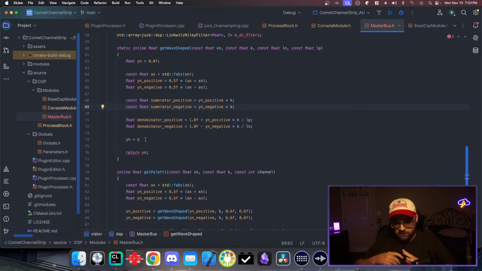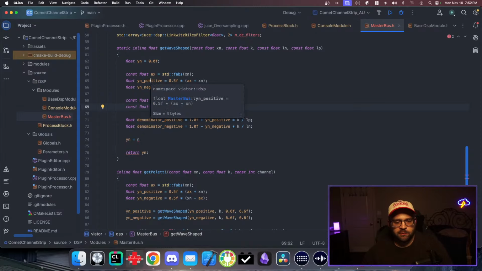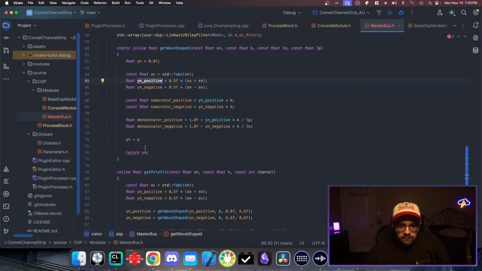So how do we do that intelligently? Because I am kind of doing it blind, a different way than I did the first time, because I wanted to not just copy and paste. So this is what we're going to do. We're going to do yn positive is equal to the numerator positive divided by denominator positive.